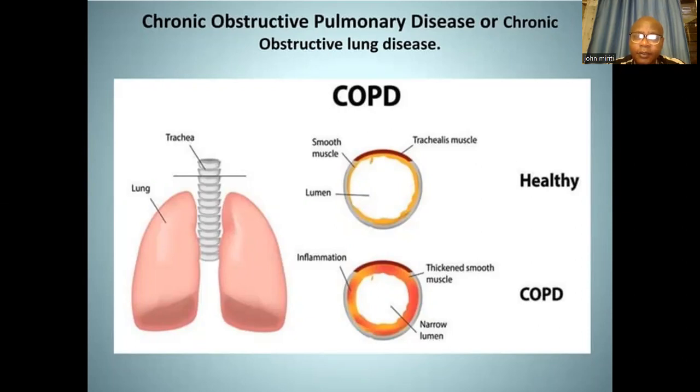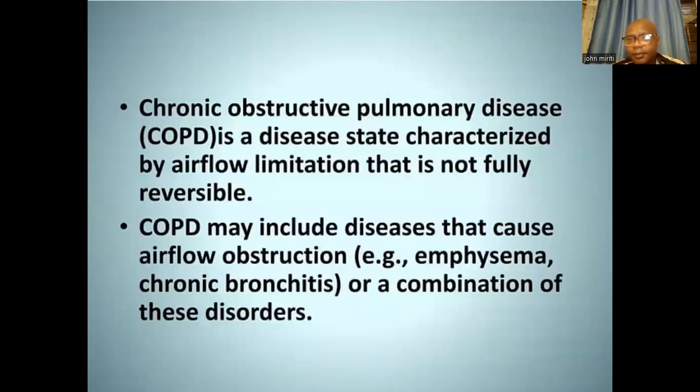Now, the difference between these types of conditions and asthma is that in asthma, it is reversible, but in these conditions, it is irreversible. The main tissues affected are the connective tissues, the collagen tissues.